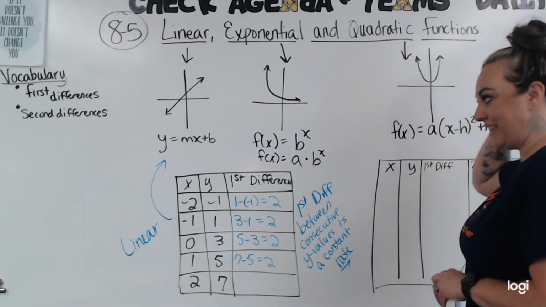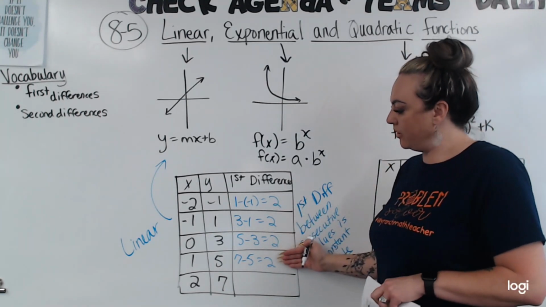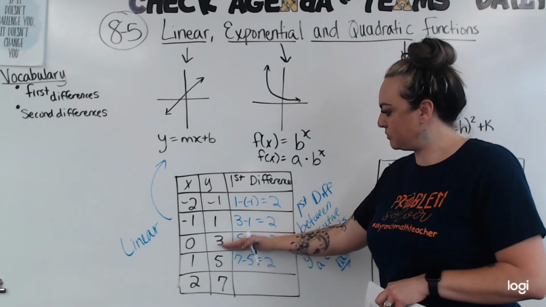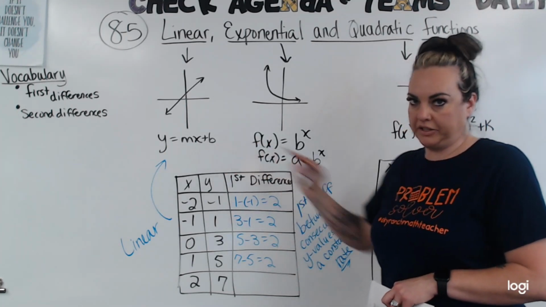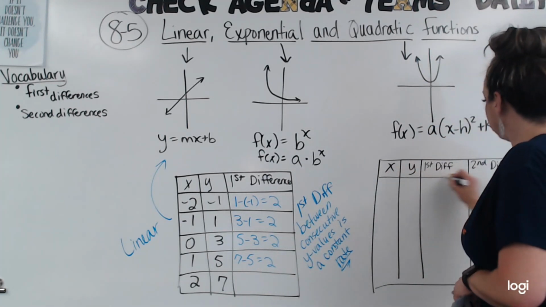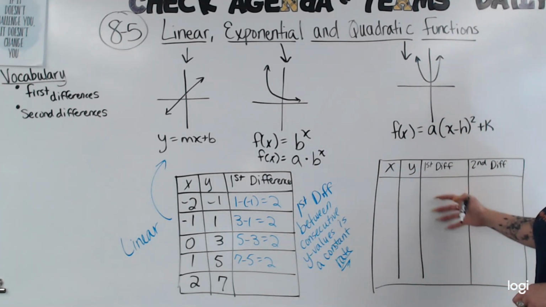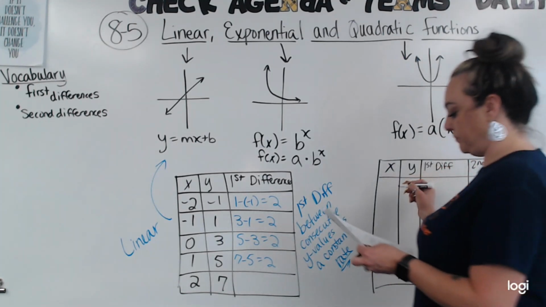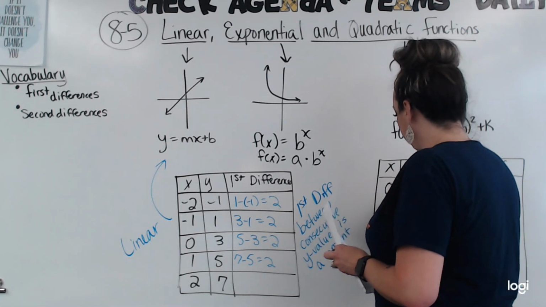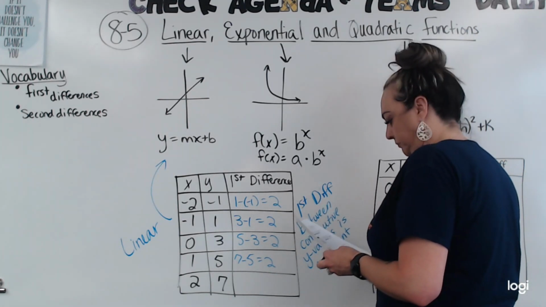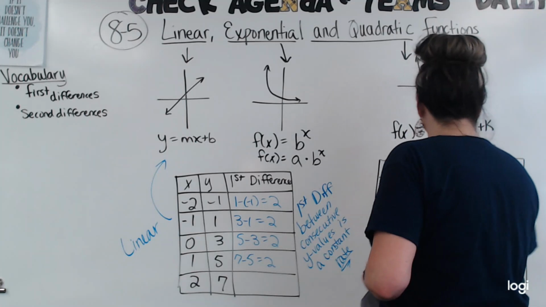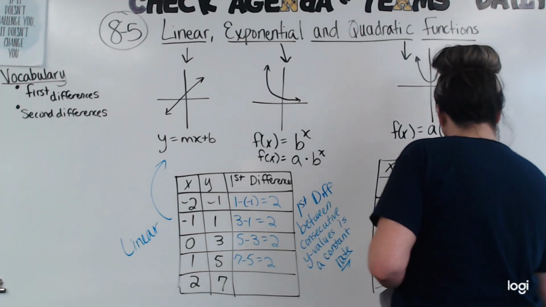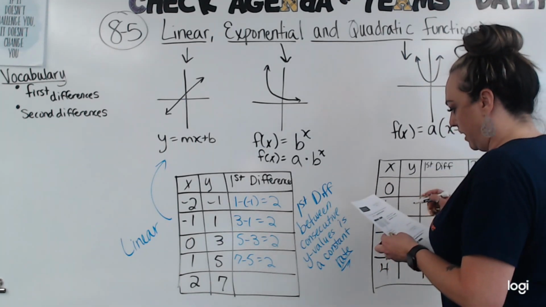If you see that there's a constant value in the first difference, these numbers are the same when you subtract, that's always going to be linear, okay? When you don't see a constant rate or change in the first difference, you're going to look for the second difference. So I'm going to show you how to do that. So we're going to use 0, 1, 2, 3, 4.